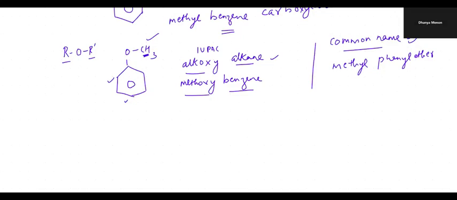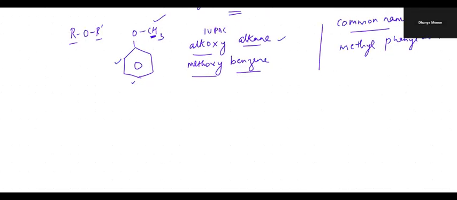The next compound is amine. So here we can write benzene, and at the amine, since there's no other substituent, amine is at the first position. Benzene 1 amine. This is the IUPAC name. We also call it aminobenzene.